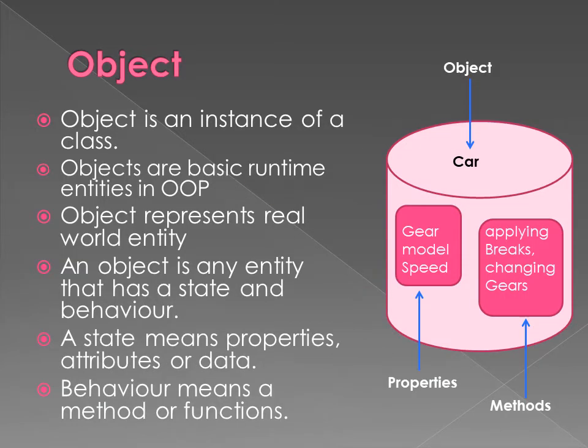Objects. An object is an instance of a class. That is, an object is a variable of type class. So when a class is defined, memory is not allocated. But when an object is created, memory is allocated to that object.